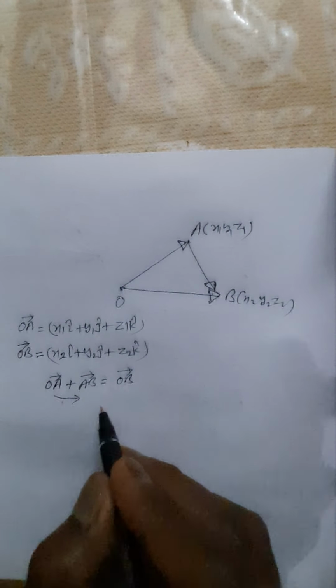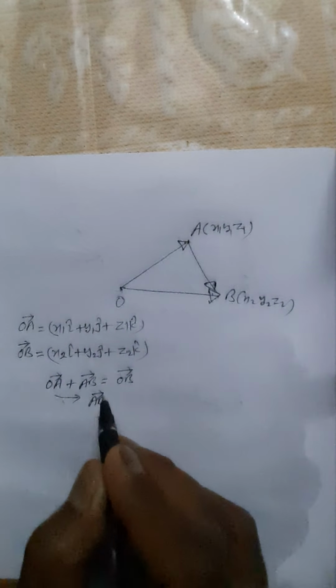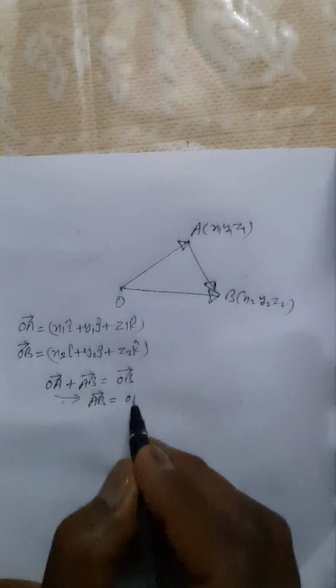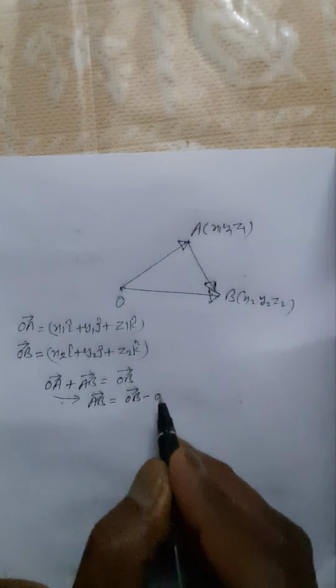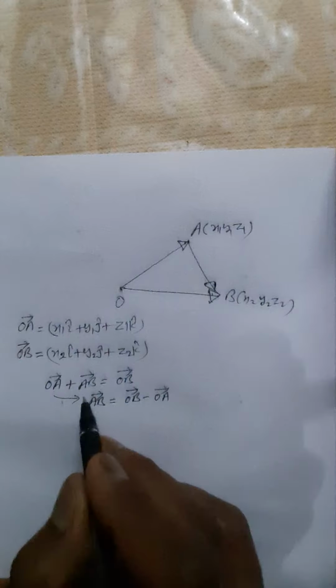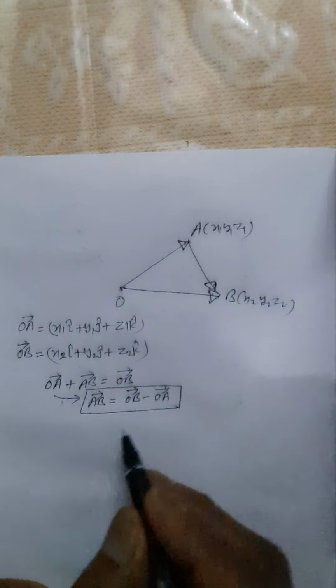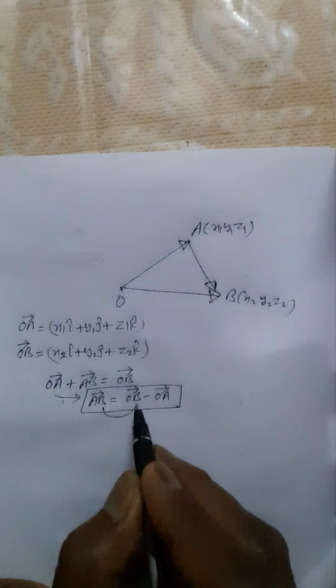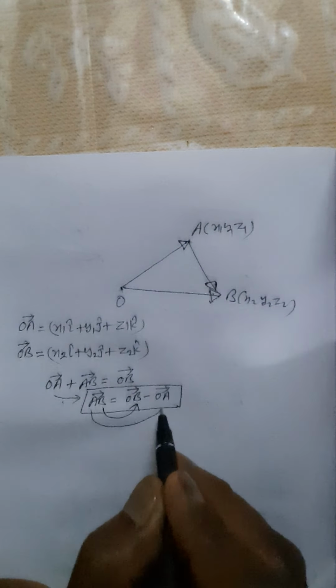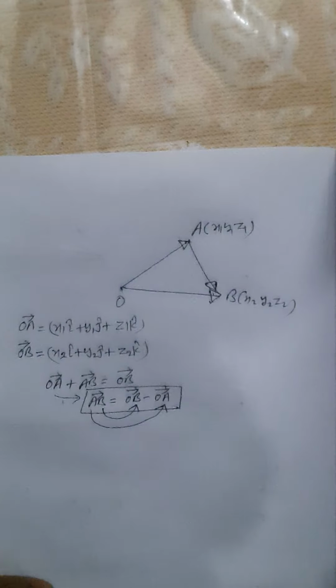Take this value to the right hand side so that the vector AB is equal to OB minus OA. So we can define the vector in terms of their position vectors. The formula is final position minus initial position.